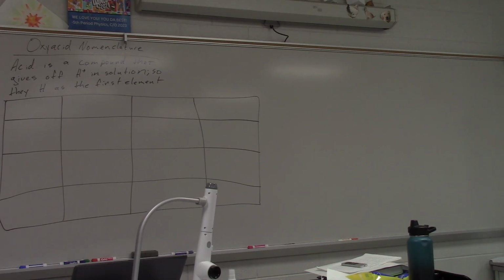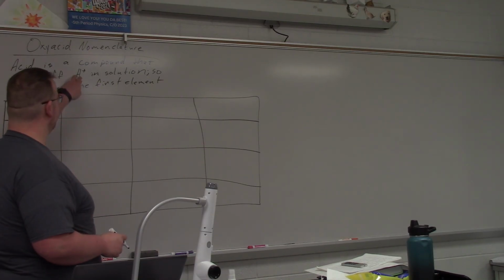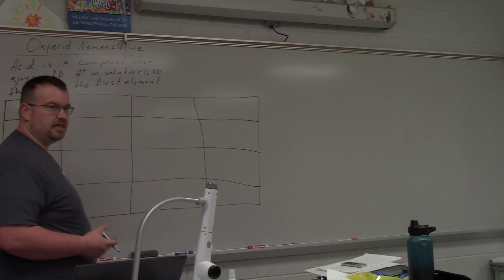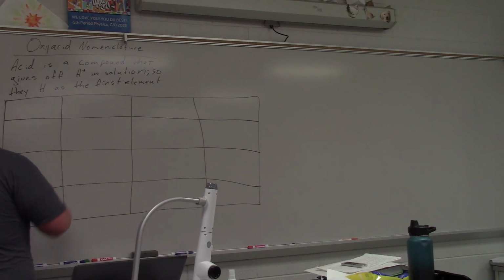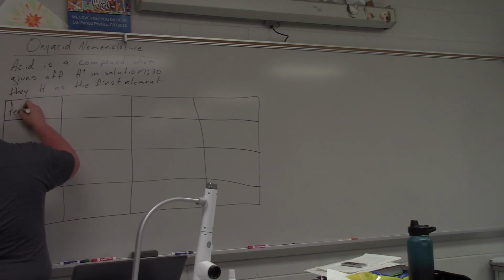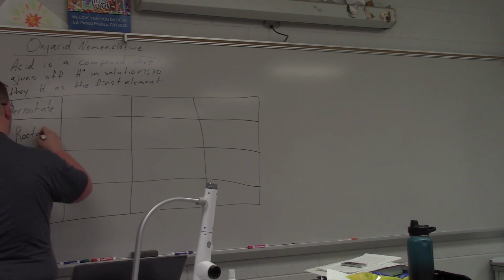That was the goal, but the big one is, it's called protonation. They say that they give off protons. The reason for that is H plus, hydrogen's lost its electron, so it's really just a proton. So the H, that's the first element.